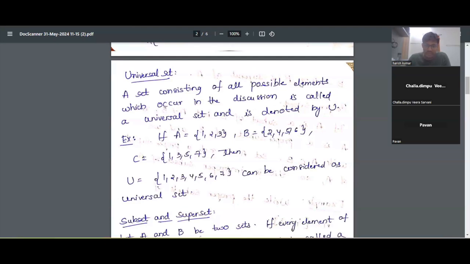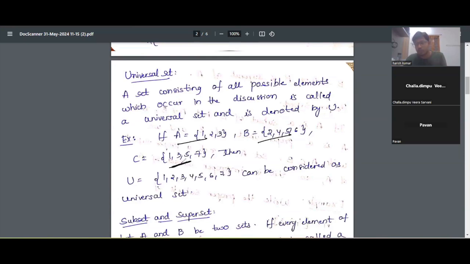Okay. So a set consisting of all possible elements which occur in the discussion is called a universal set, right? So if we are making a discussion regarding those sets, the universal set should contain all the possible elements of all those sets. Okay. Now he can ask you a question like this. Let's say set A is {1, 2, 3}, set B is {2, 4, 5, 6}, and set C is {1, 3, 5, 7}.